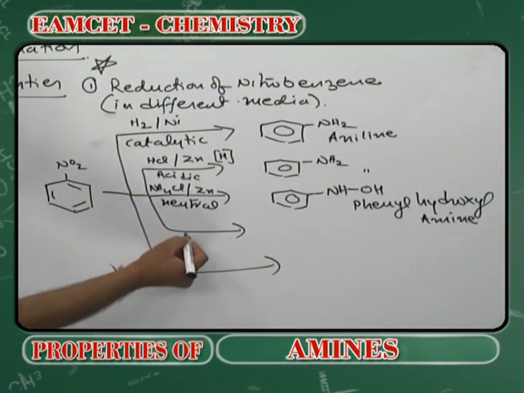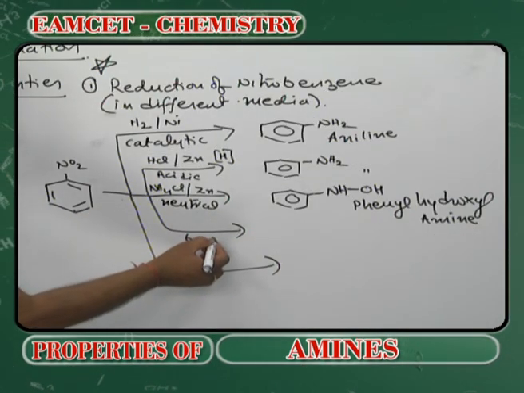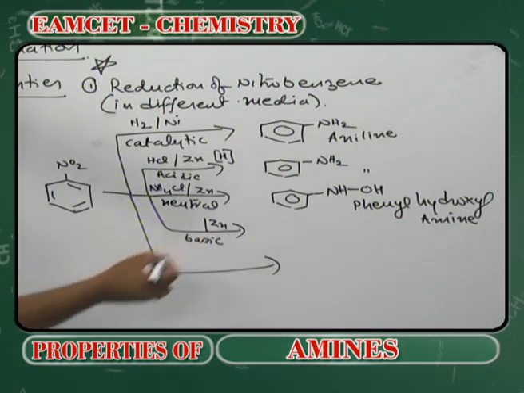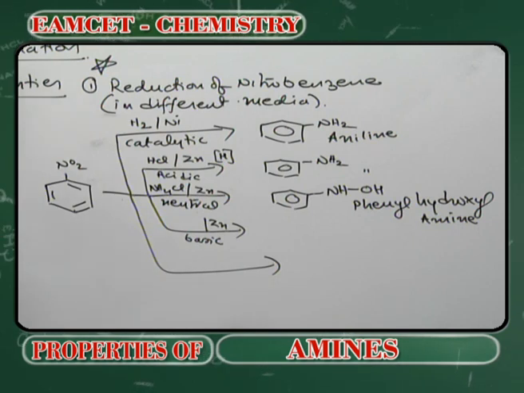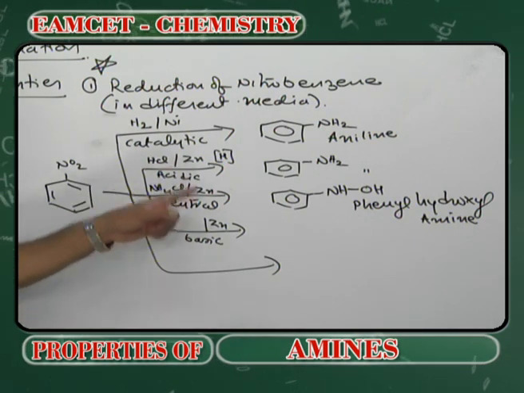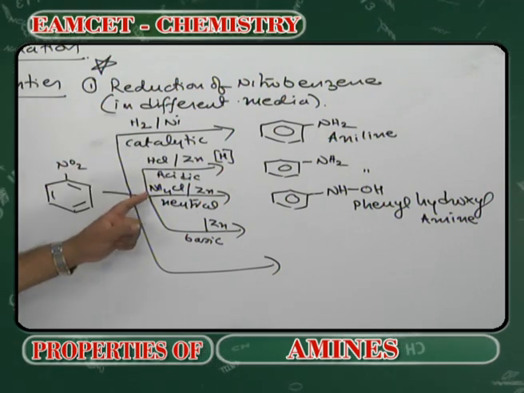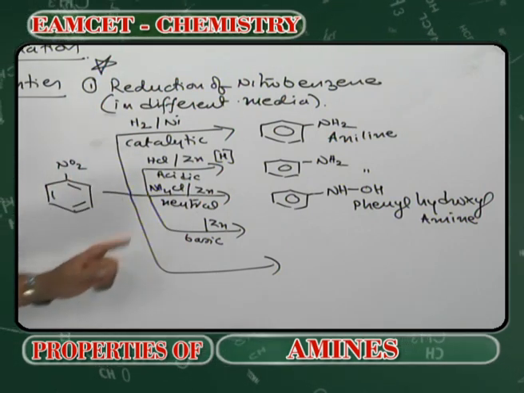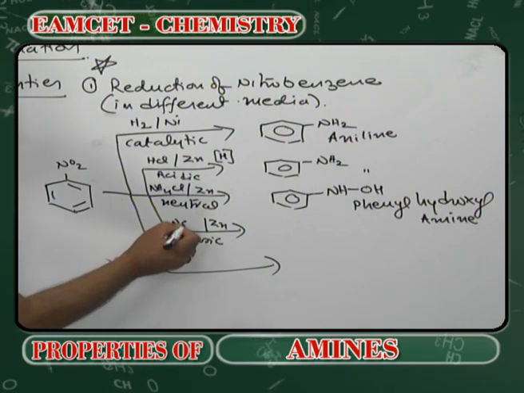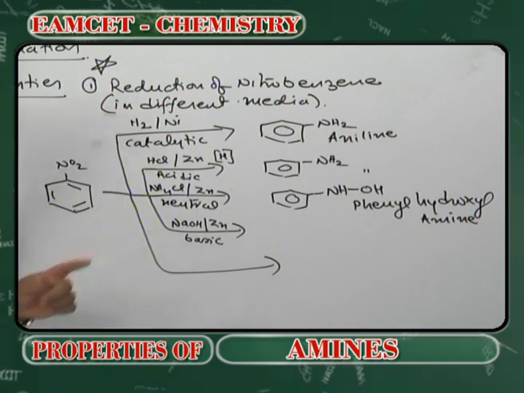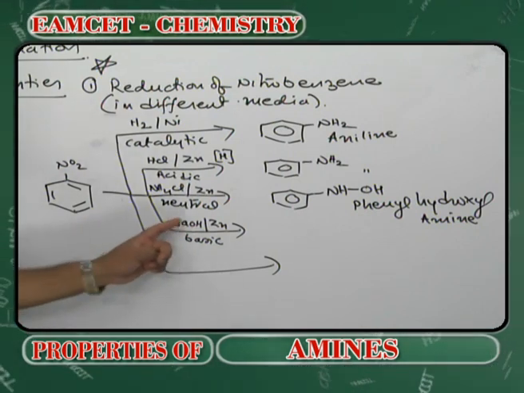Now, we are going to have a basic medium. In the basic medium, zinc you can have as a common metal. You can use some other metals also, but let me use zinc, so you can remember easily. Here, with HCl, the strong acid, the weak base was compensated. Now, you can use sodium hydroxide. See that zinc is a weak base, NaOH is also a base. 2 bases we are using.